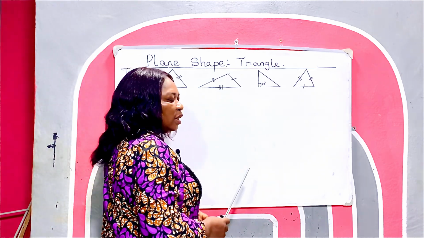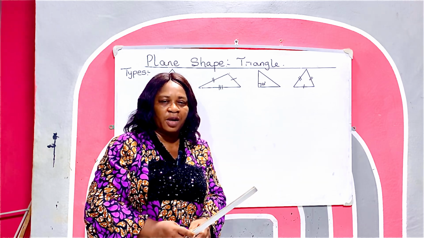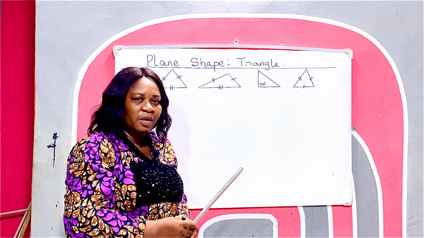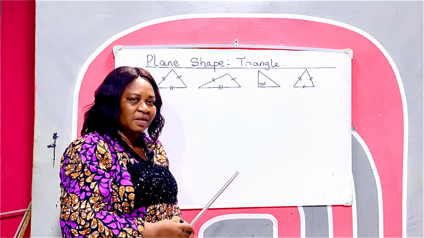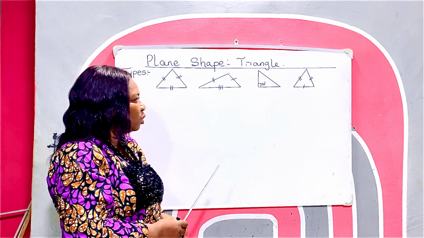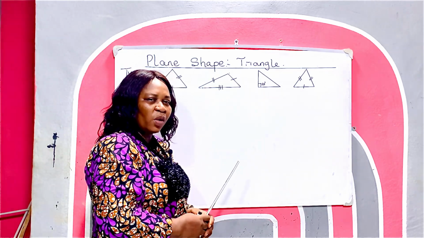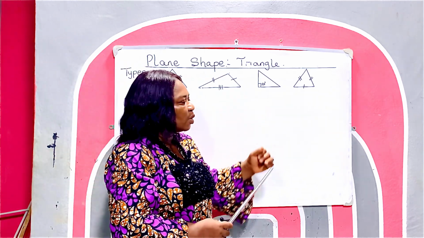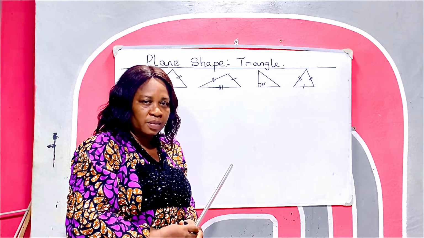Coming to this, we call it a right-angled triangle. In a right-angled triangle, we have an angle of 90 degrees. In this one, we call it isosceles. An isosceles triangle is a triangle where the opposite sides are equal.